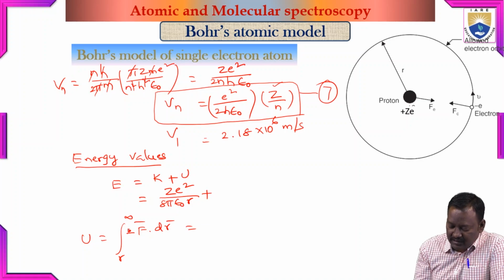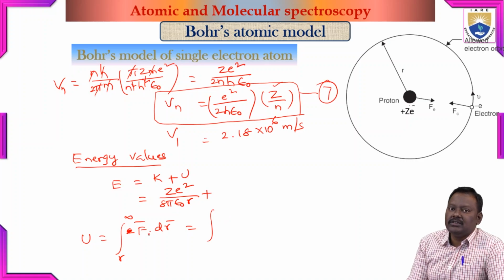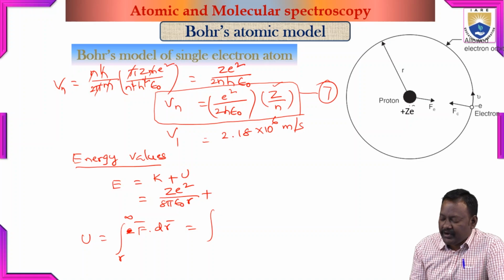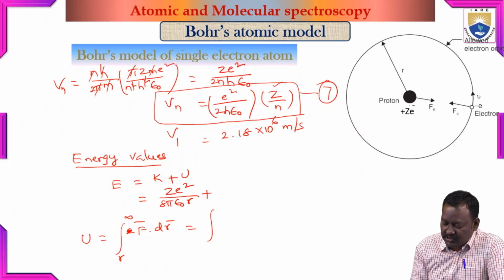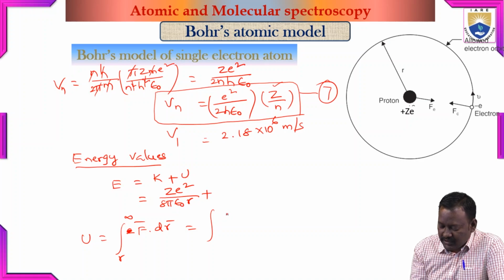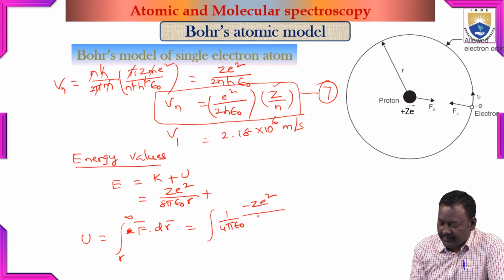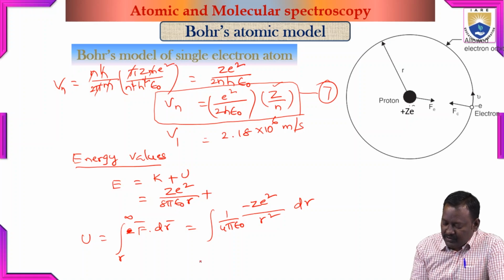The Coulomb force between the electron in the orbit and the nucleus charge is F bar equal to 1 by 4 pi epsilon naught into Ze into minus e, that is minus Ze square by r square, into dr bar, from r to infinity.